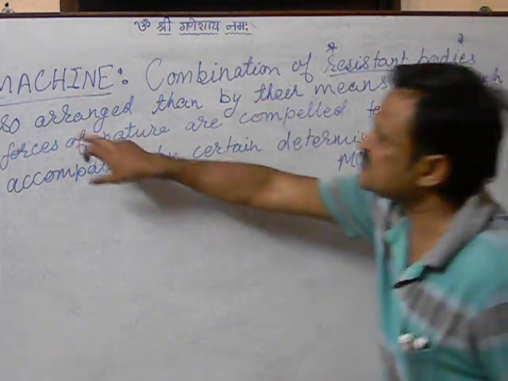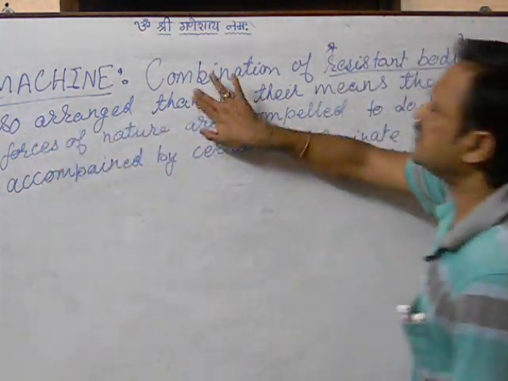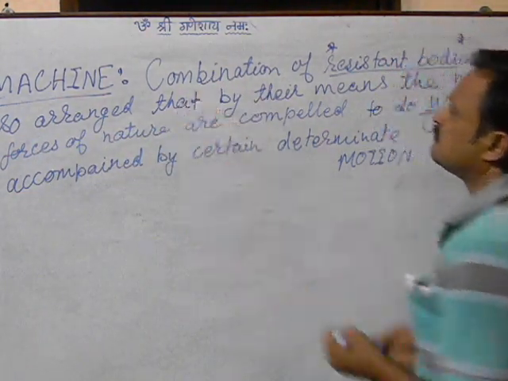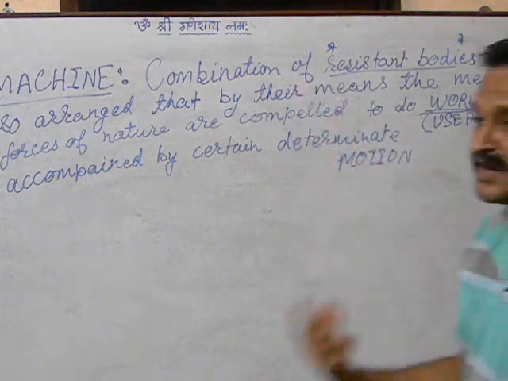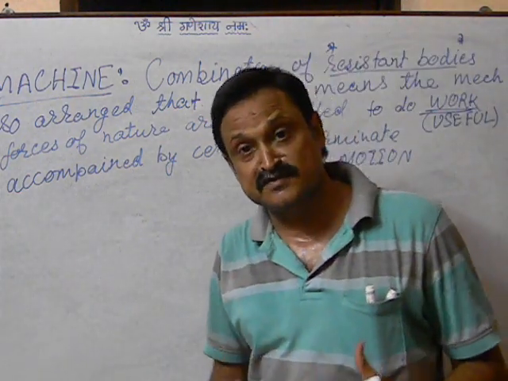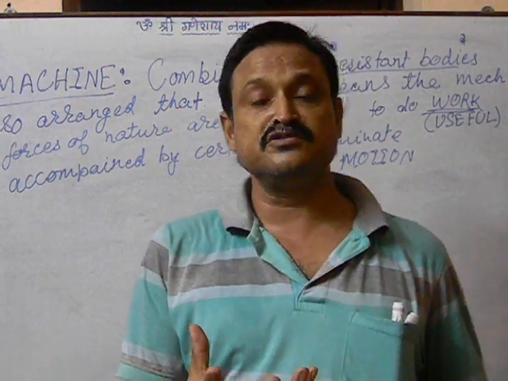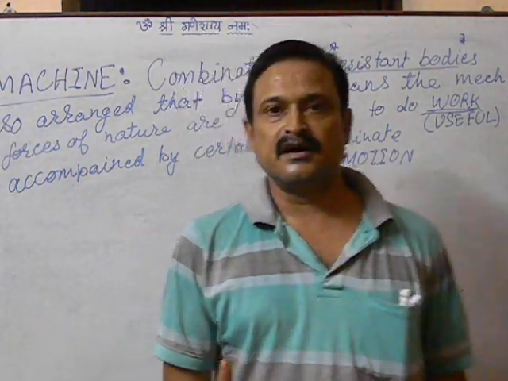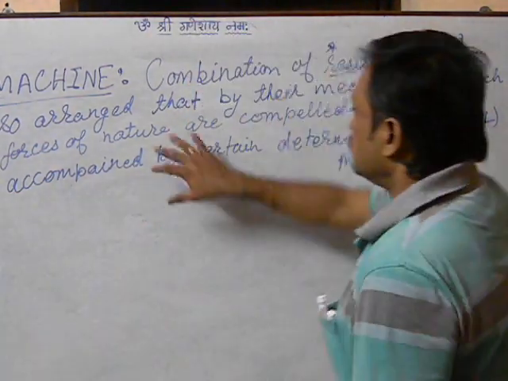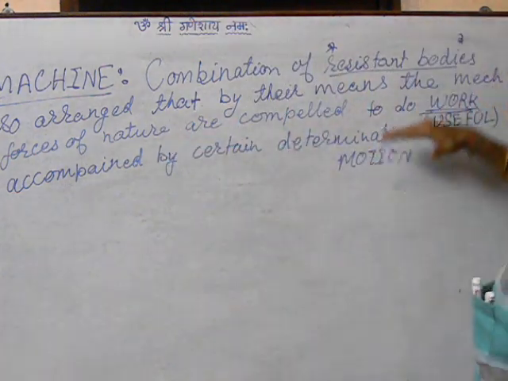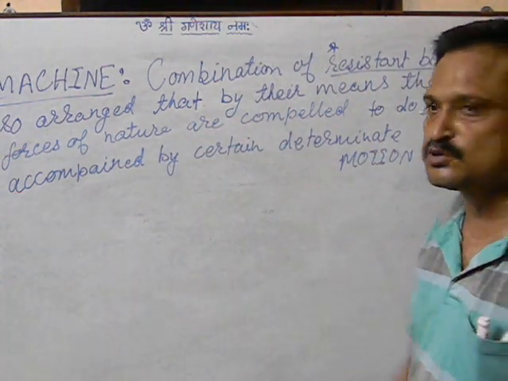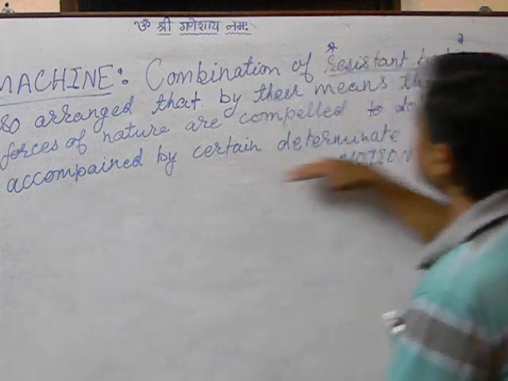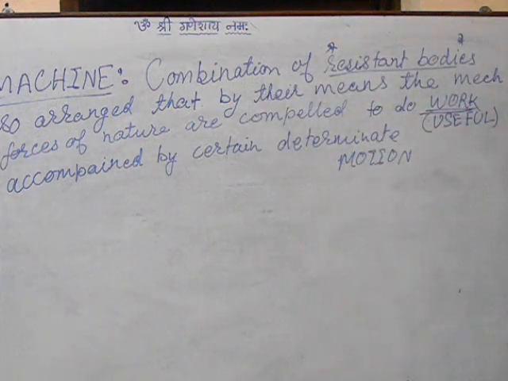So they are so arranged that by their means we are burning the fuel, using the energy of the fuel, and compelling that to do work for me. It needs to move, so accompanied by certain determinate motion.